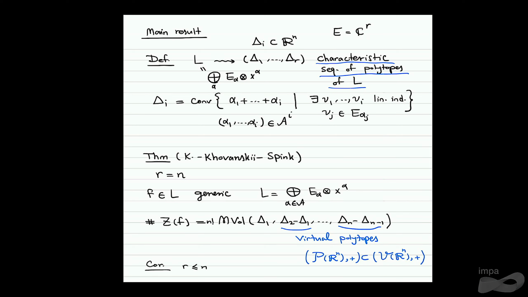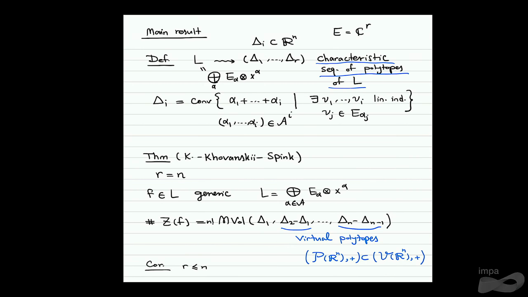And then I take alpha 1 plus ... plus alpha i if in the corresponding subspaces I can find vectors which are linearly independent. I pick all such i-fold sums and take the convex hull of them. So it has the combinatorial data of this arrangement or matroid data and the sum of the characters.